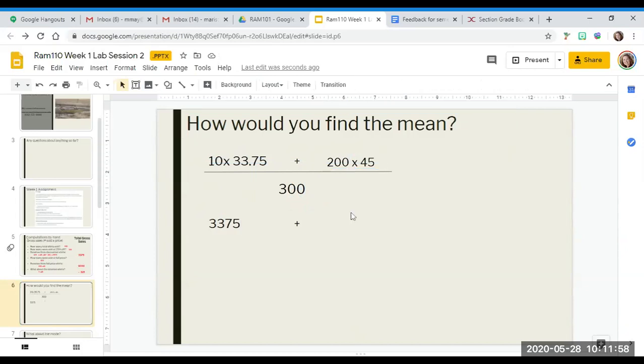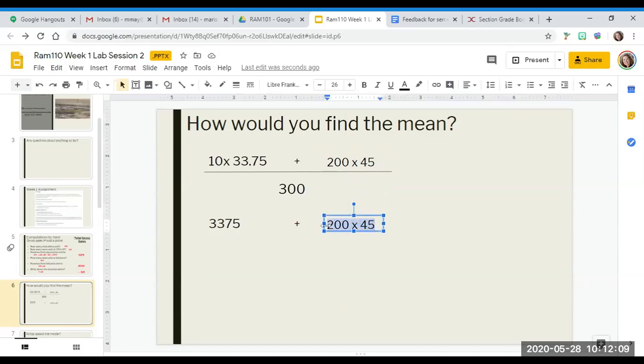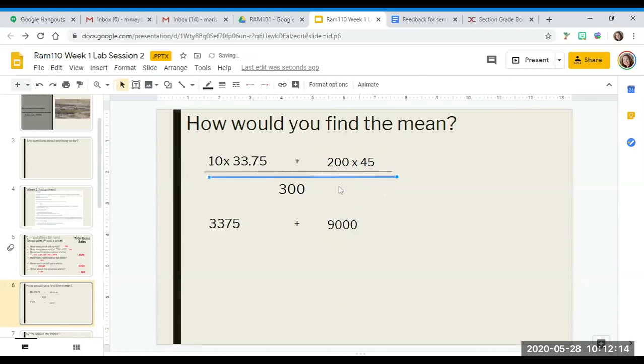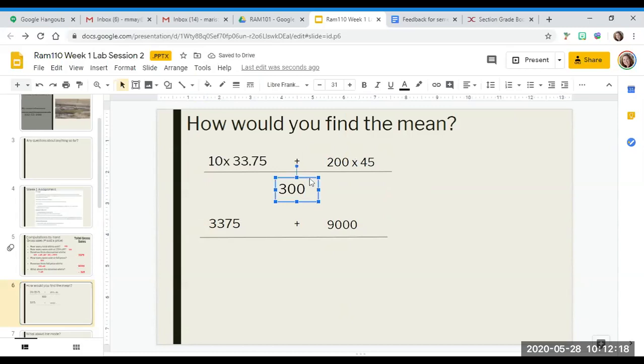So we've actually done a lot of these calculations already, and so we can just use them again. And let me replace this with 9,000. We're still going to divide by the 300, for that's the total number of shirts. The only difference you'll notice in this one, we are not including the shirts that were returned because those don't have to do with the price of the shirt at this point.